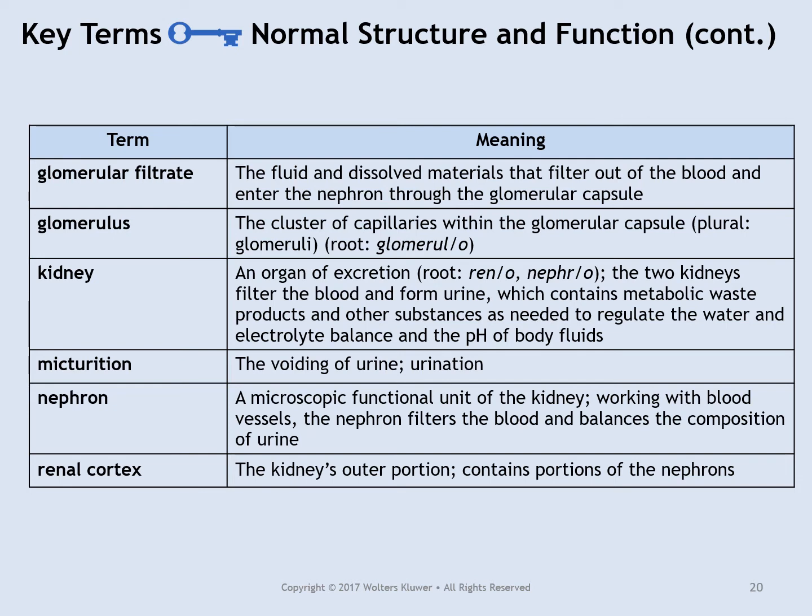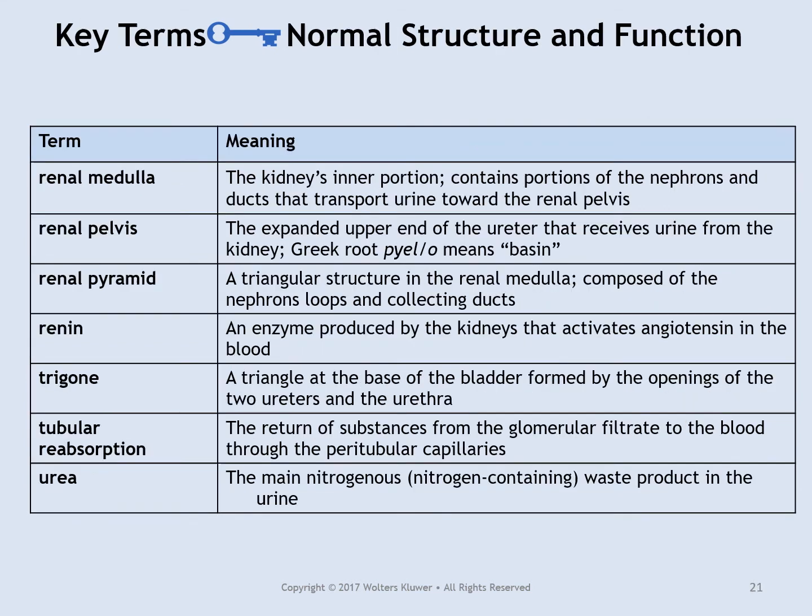Filtrate, the glomerulus, or Bowman's capsule. Kidney micturition, another name for urination. And nephron, what we just covered, and the renal cortex found in the kidneys, the outside area of the kidneys. Renal medulla, just inside of that. Again, renin.